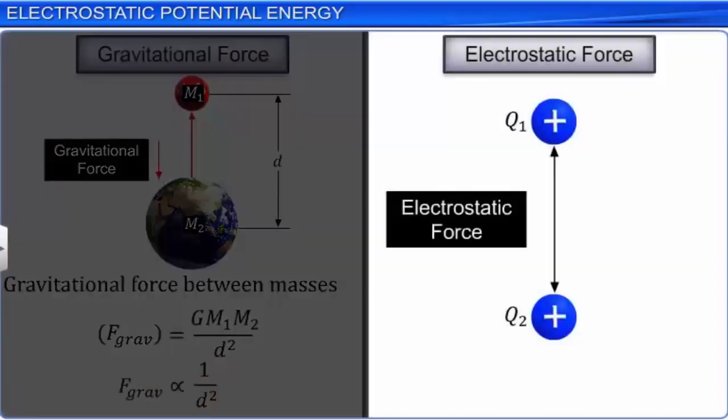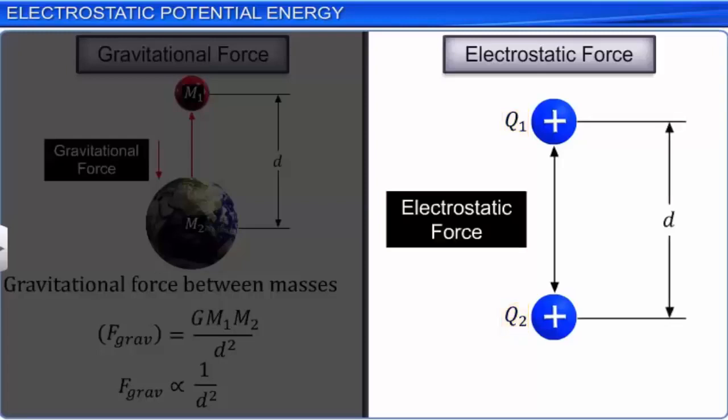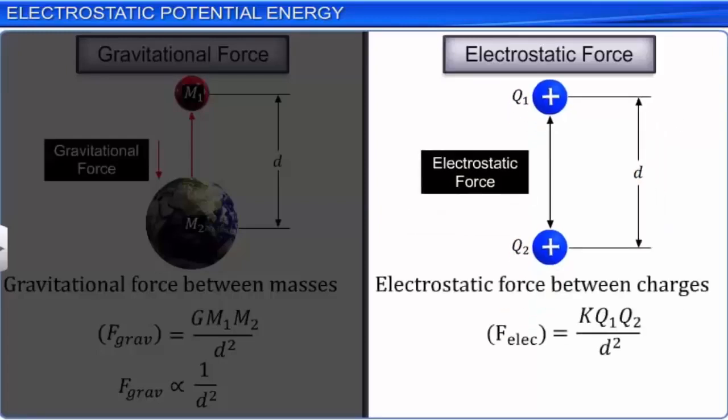Similarly, the Coulomb or the electrostatic force F between charges Q1 and Q2, separated by a distance d, is expressed as K Q1 Q2 by d square, where K is a constant which is equal to 1 by 4 pi epsilon naught.